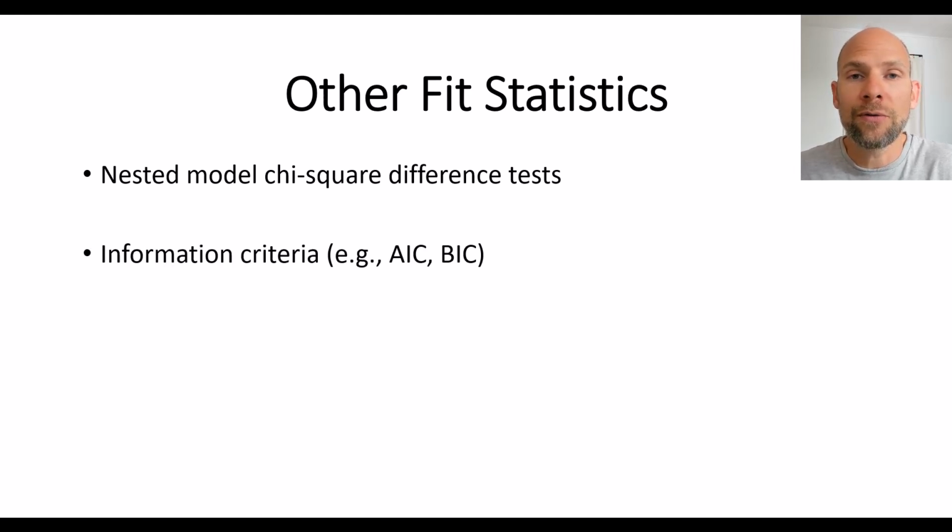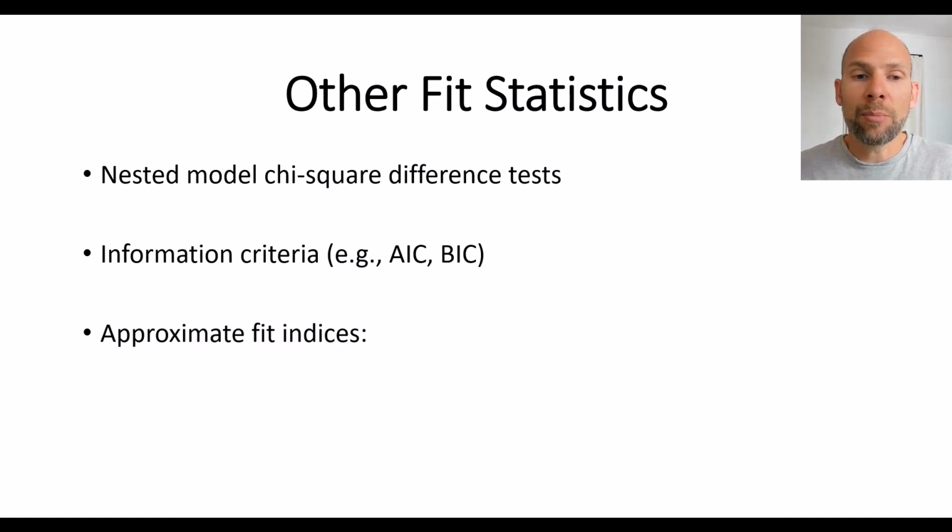Also, you can use information criteria for a more descriptive comparison of different models that may or may not be nested. So those information criteria could also be used to compare non-nested models, and commonly used ones are the Akaike information criterion or the Bayesian information criterion, AIC and BIC.